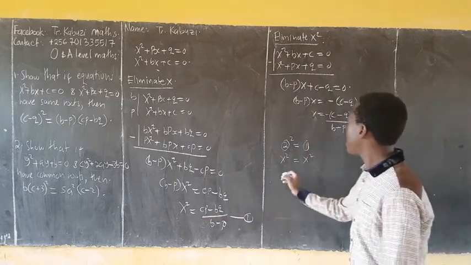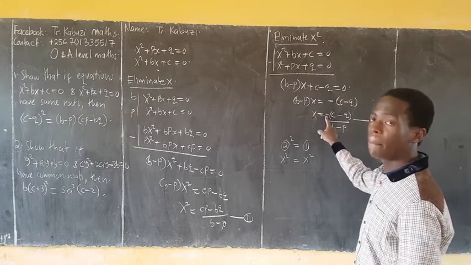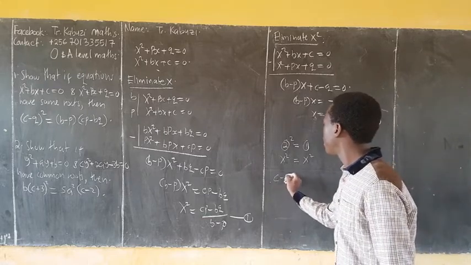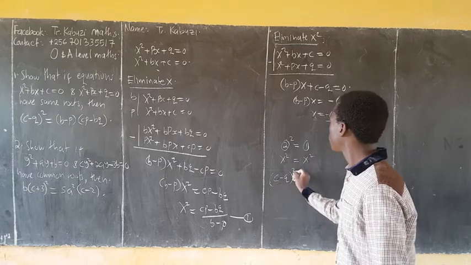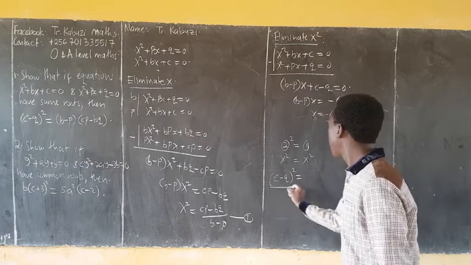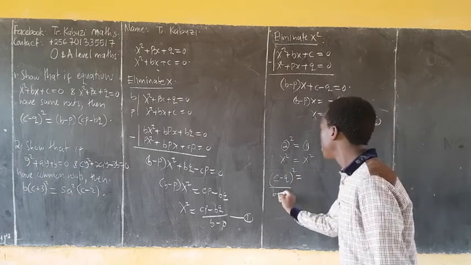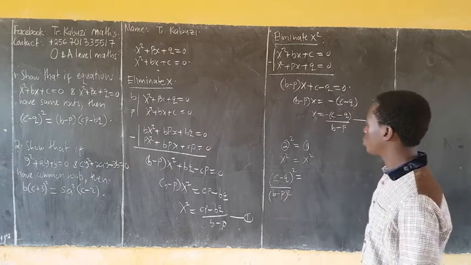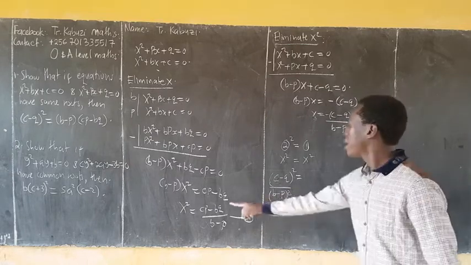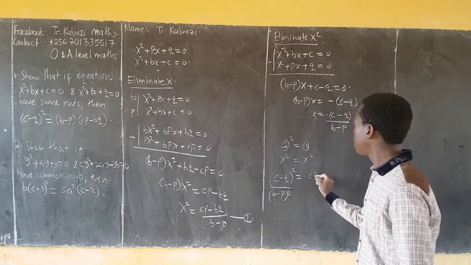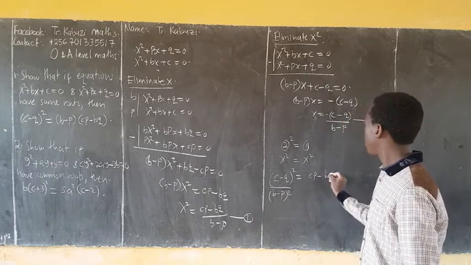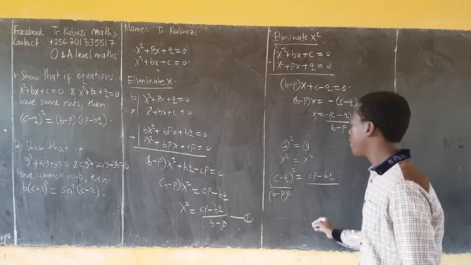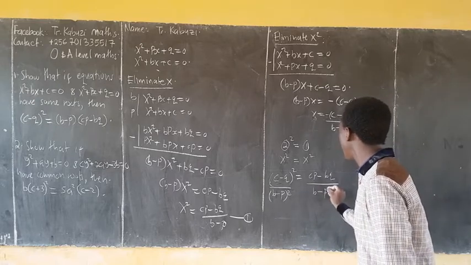But x squared here is, when I square this, I get a positive, so I'll be adding c minus q, the whole squared, over, also squared, b minus p, the whole squared, equal to, now the other side, which is cp minus bq, the whole over b minus p.